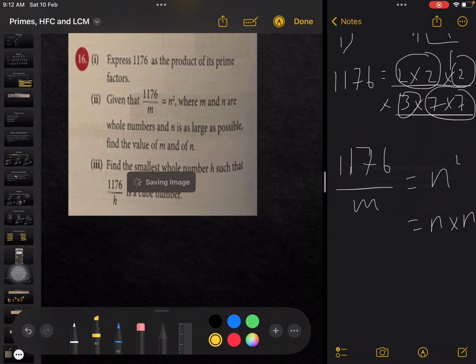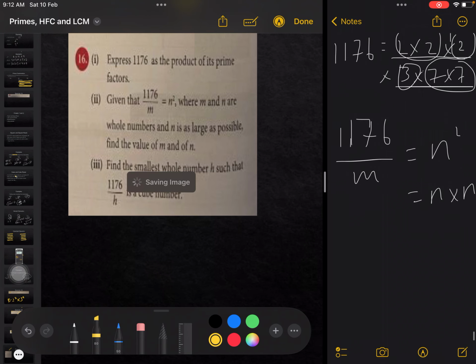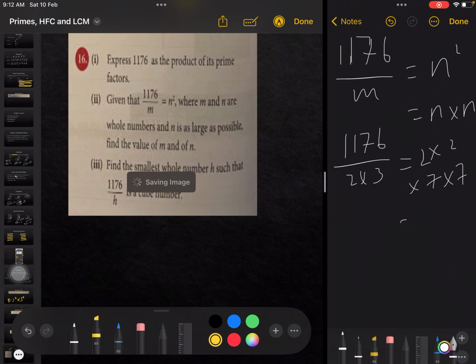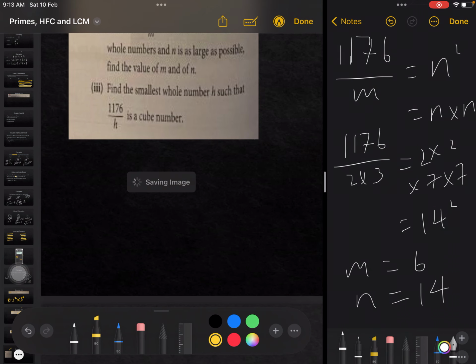So it's 1176 over 2 times 3, which equals 2 times 2 times 7 times 7, so equals 14 squared. So m equals 6 and n equals 14. This is part ii.